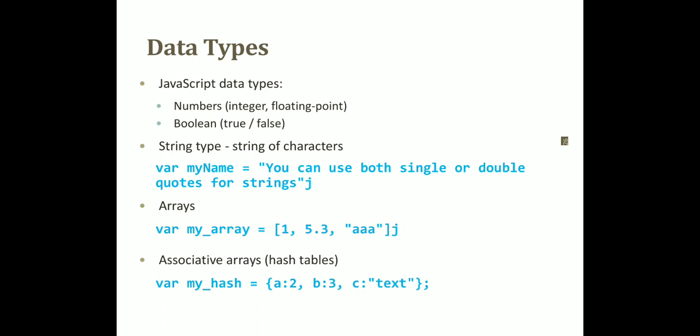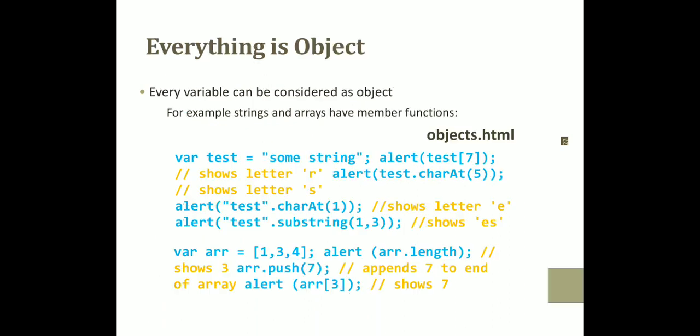You can write in double quote or single quote in your JavaScript. Then associative arrays or a hash table can be written as A with the value 2, B with value 3, C with the text. All these things can be written in an efficient way in JavaScript.